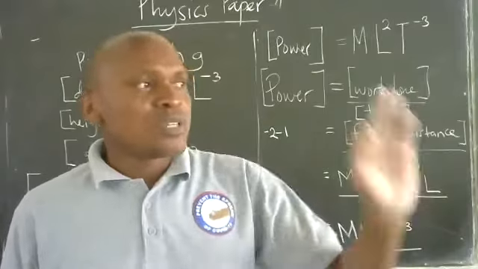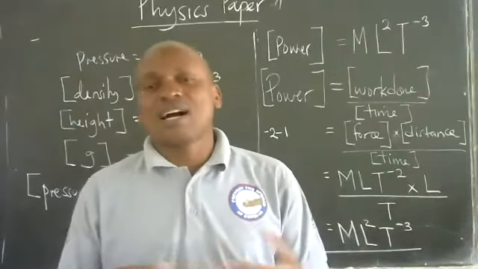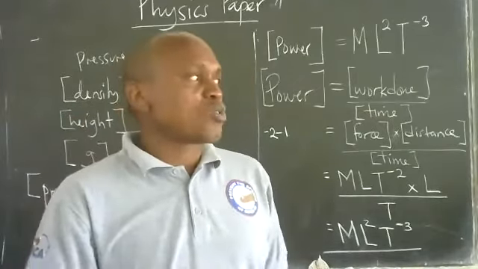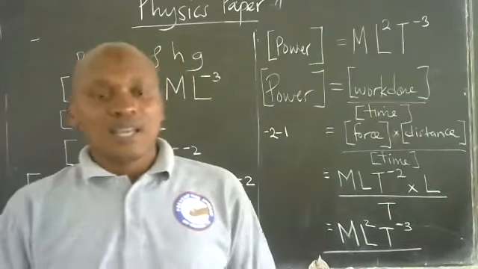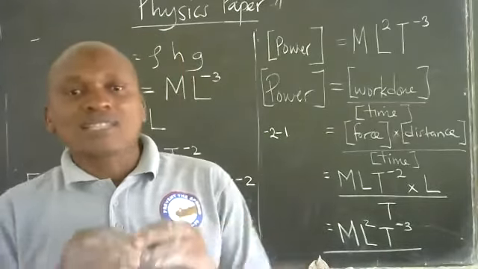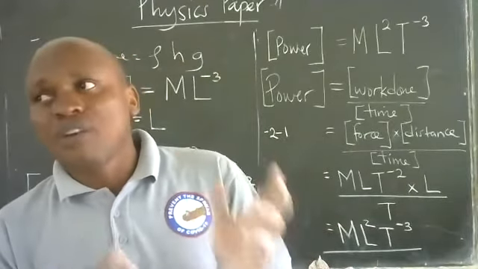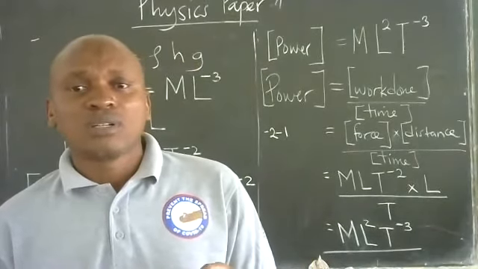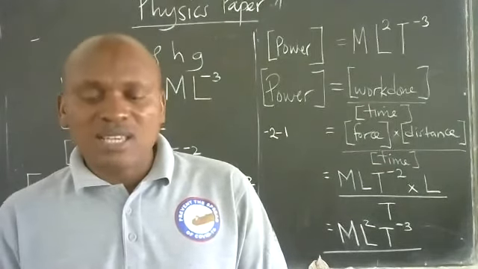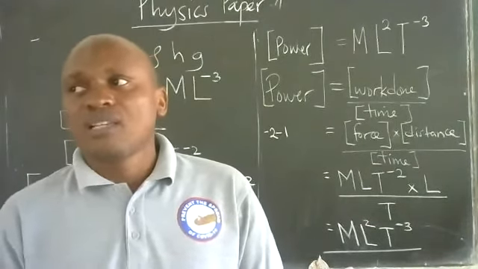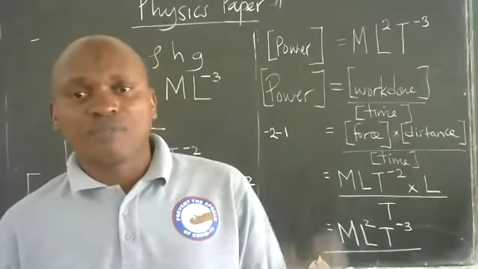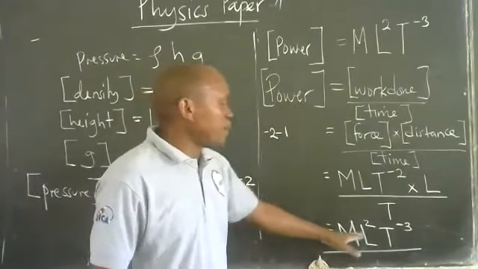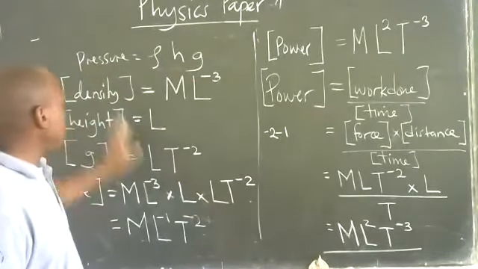After knowing what dimensionless quantities are, what is the exact definition of dimensions of a physical quantity? We said dimensions of a physical quantity is just a way derived quantities are expressed in terms of the fundamental quantities we have talked about. This is what we are trying to show here, how power is related to the fundamental, how pressure is related to the fundamental.